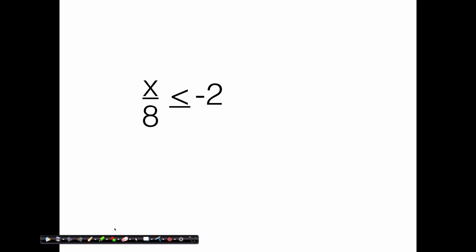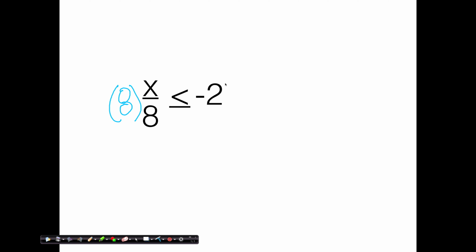All right, so the next problem we have here is x divided by 8 is less than or equal to -2. So the goal is the same as the previous problem. We want to move the 8 over to the right side. So we're dividing x by 8. Since the operation is division, we want to use the opposite operation of multiplication. So to get rid of the 8, we want to multiply by 8 over 1, or 8.